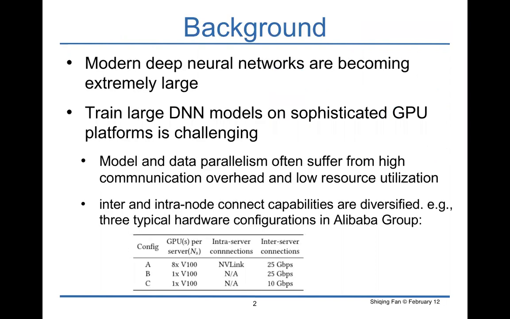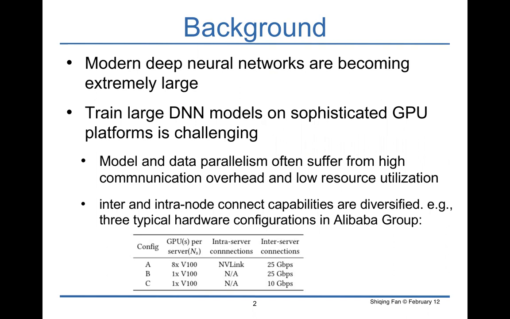Nowadays, modern deep neural networks are becoming extremely large, and training large DL models on sophisticated GPU platforms is challenging. On one hand, model and data parallelism often suffer from high communication overhead and low resource utilization.